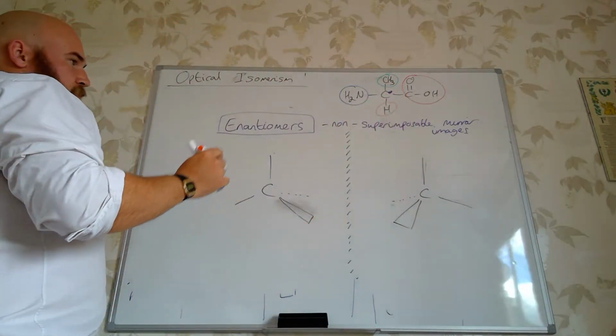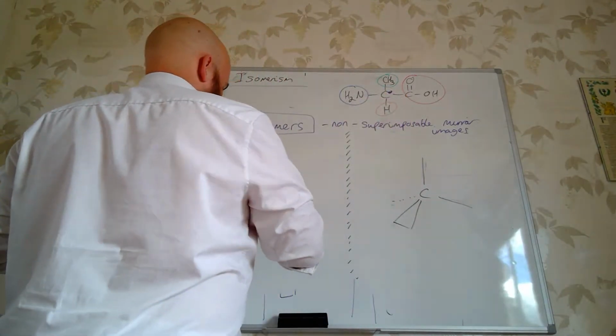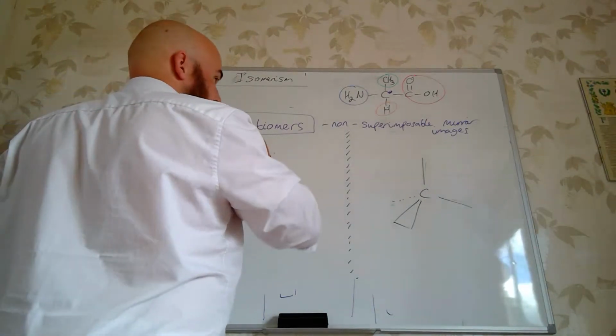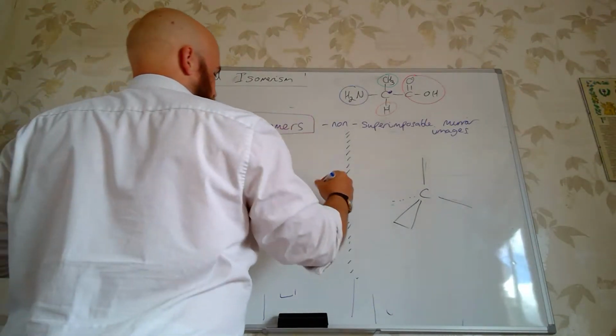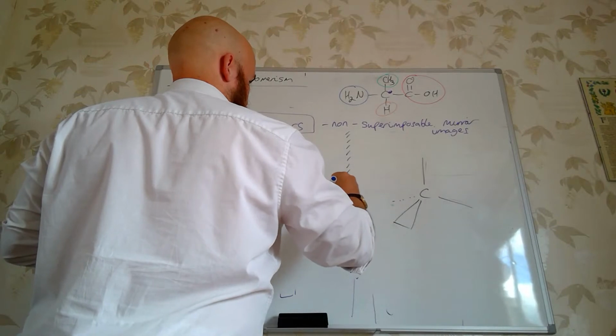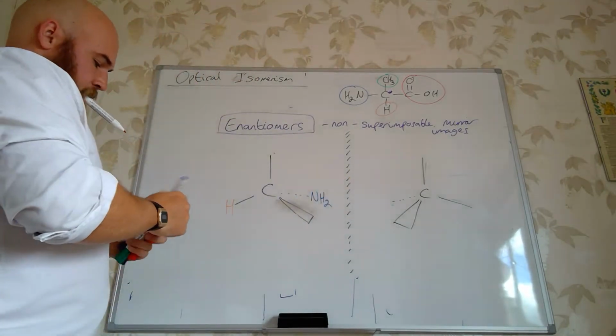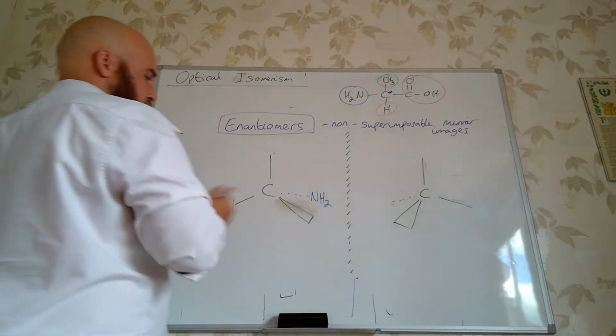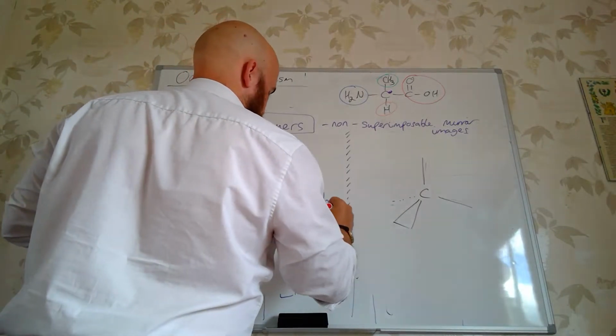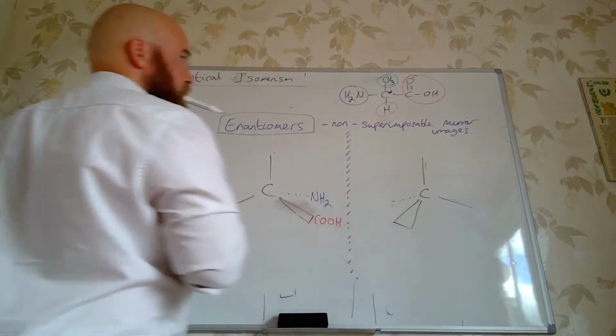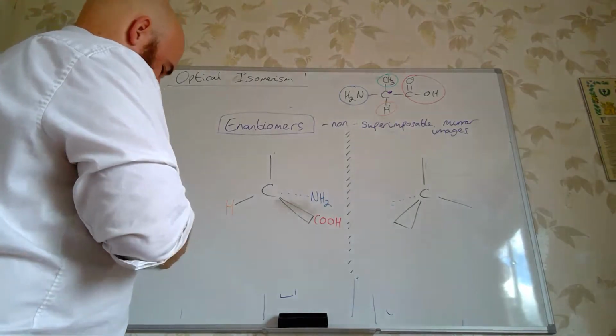So again, I'm going to put them all in. It doesn't really matter what order, so I'll just put the hydrogen there. I'll put the NH2 there. I'll put the COOH there. And what's the green bit?